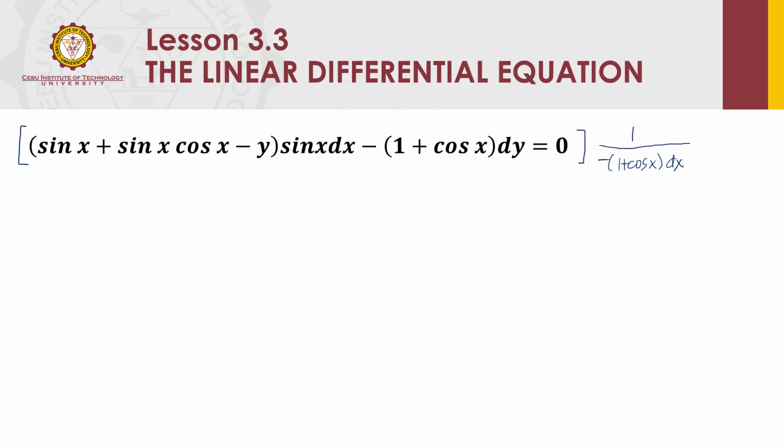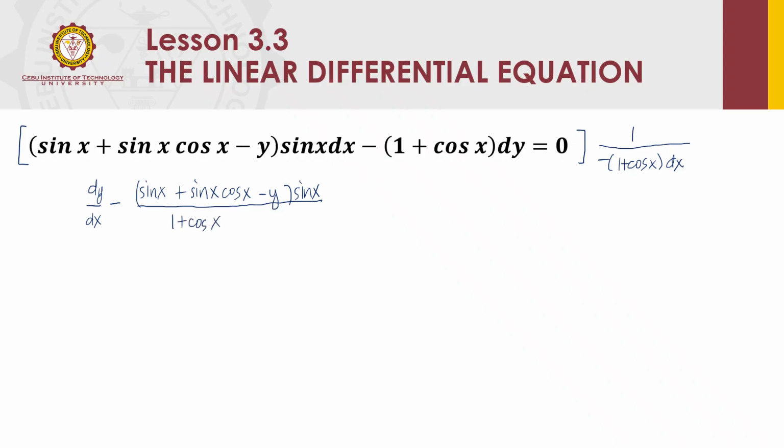So the first term would be dy/dx, and then minus this entire expression from the given DE, the first expression, sine of x plus sine of x cosine of x minus y multiplied to sine of x, and then all over 1 plus cosine of x.